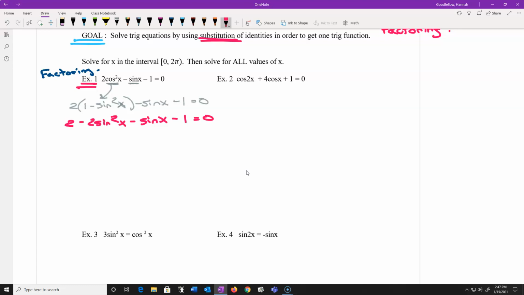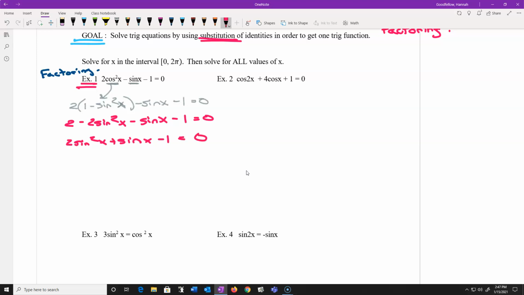And at the same time, I do not like having negatives in front of my squared term, specifically when I'm trying to find an actual factoring technique. So I am going to combine these to be a positive 1, but then I'm going to run a negative through the whole thing, which would make it 2 sine squared x plus sine x. And since that was a positive 1, it would be a minus 1 in terms of the end result.